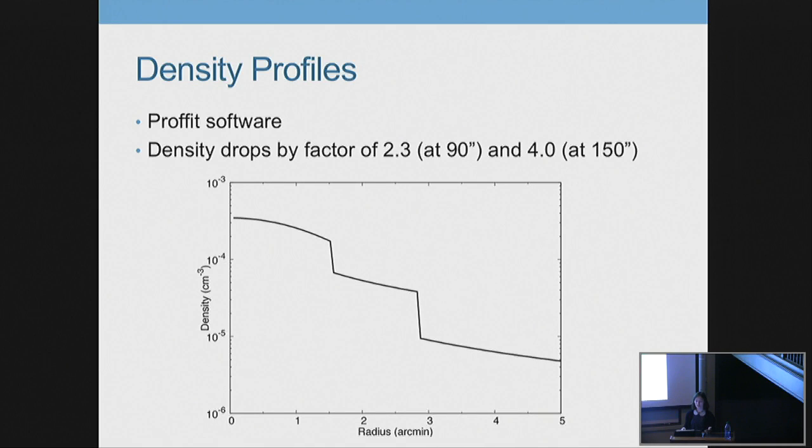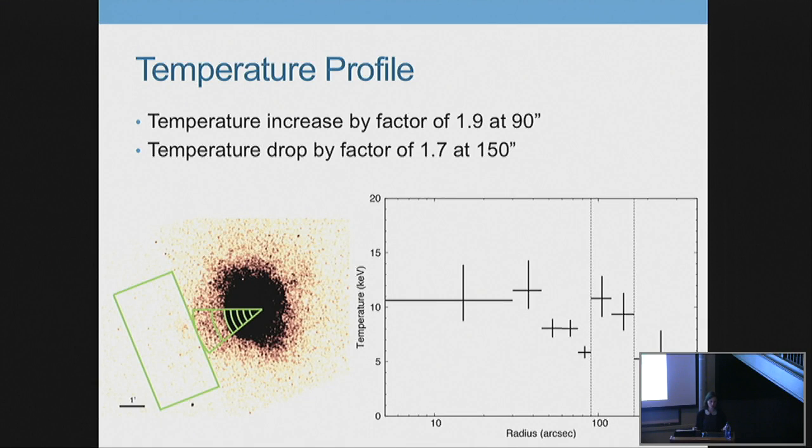The next thing we wanted to understand is the temperature of the gas within our cluster. And so I did this by using the software XSpec, and XSpec used an APEC model to fit the spectral energy distribution of the photons from our cluster.